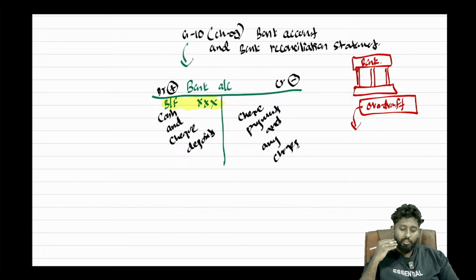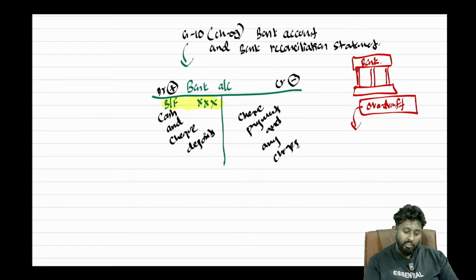For example, if we have only 1,000 rupees in our bank and we have to make a payment of 1,500, we can ask the bank to allow that extra 500 payment, saying I will pay you later. The bank would consider the request and then provide that facility. If the business uses that facility, now we owe 500 to the bank.